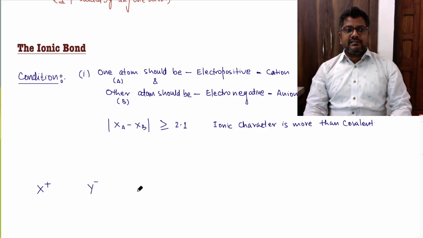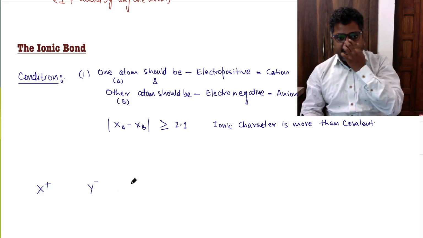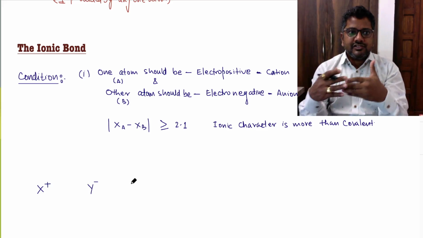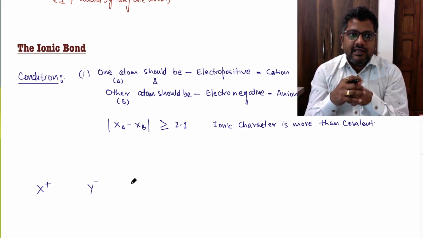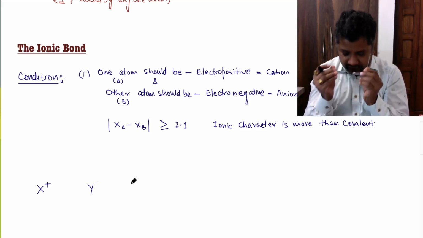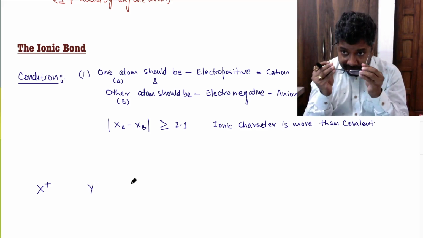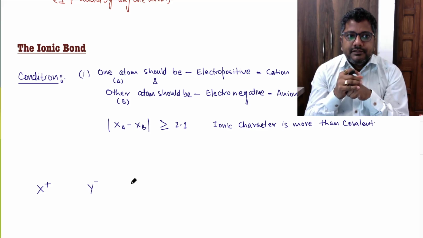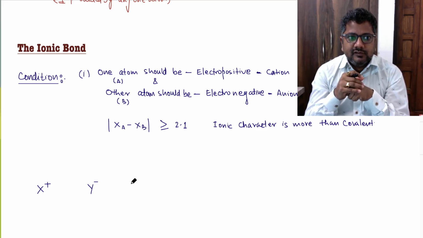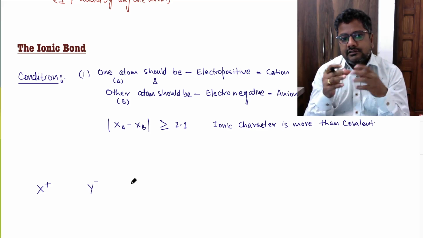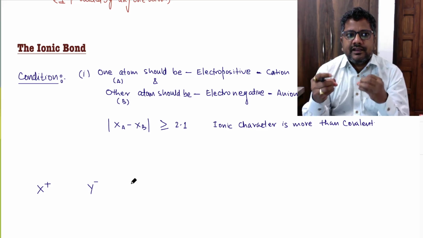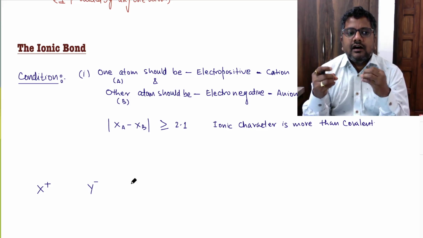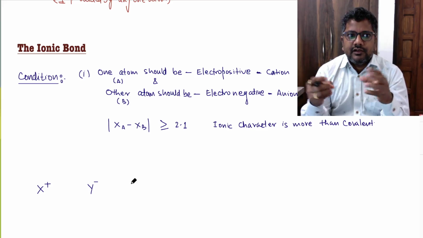Which type of bond do you expect between X plus and Y minus, right? You cannot say straightforwardly that the bond between X plus and Y minus is perfectly ionic.